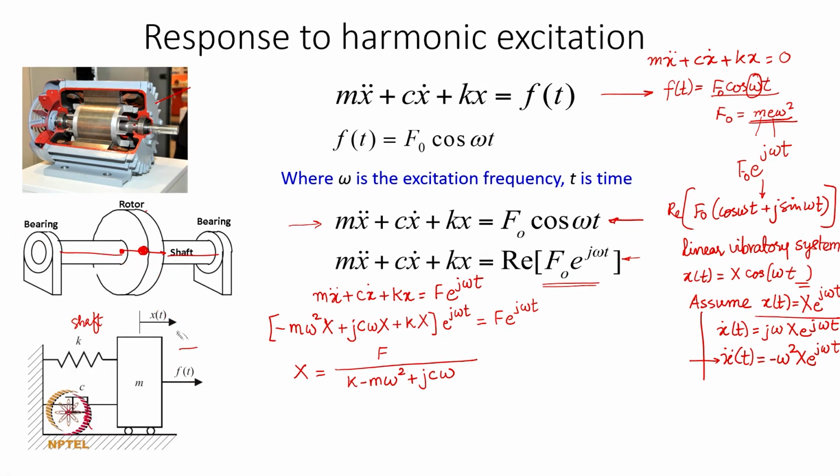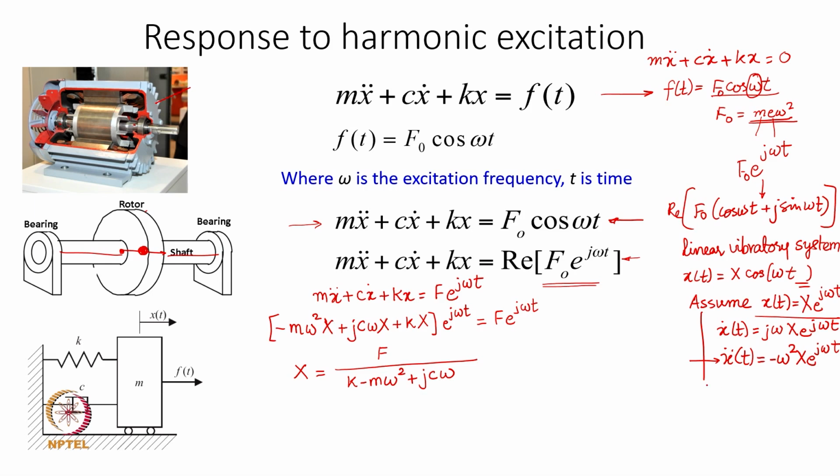You are getting basically the response amplitude, okay, the amplitude with which the vibratory mass is going to oscillate, for a given magnitude of force F and for a given frequency omega, okay. k, m, c are the system parameters which are already known. Based on the amplitude of F and the frequency omega, this capital X will be found.